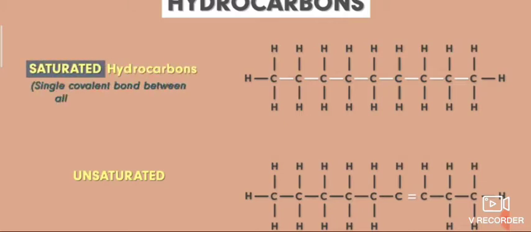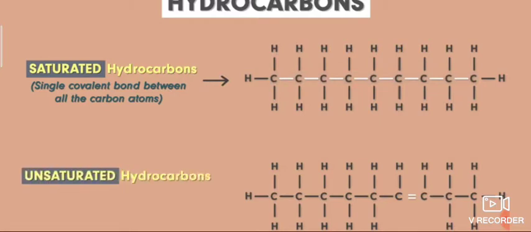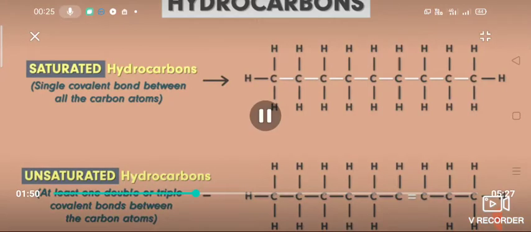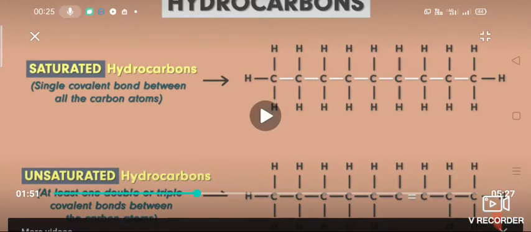Saturated hydrocarbons are compounds which contain single covalent bonds between the carbon atoms. Unsaturated hydrocarbons have a double bond or triple bond between carbon atoms. That's the main difference between saturated and unsaturated. Saturated is a single bond, unsaturated is a double bond.